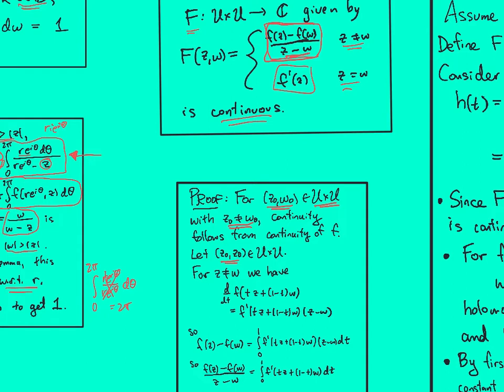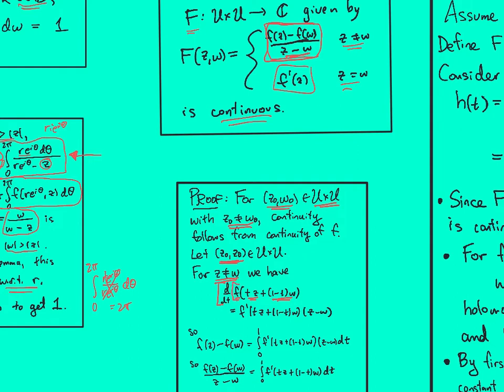To prove continuity on the diagonal, let's look at 2 points z and w, not equal, that are close to the point z0, z0. And we're going to evaluate the difference quotient using an integral. So here's a trick. I'm going to look at f along the line segment connecting z and w, and if z and w are close to z0, then every point on this line segment will be close to z0.